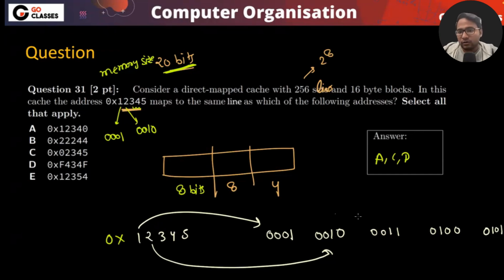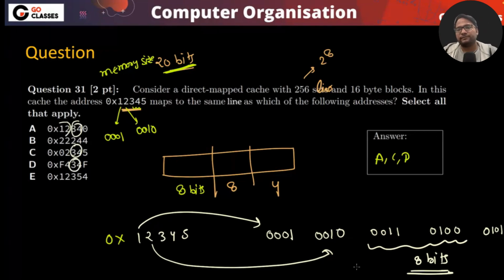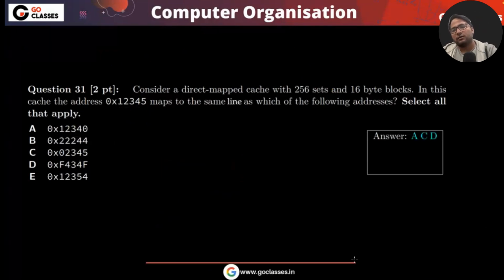Okay. Now these 8 bits are your line number, right? They're asking which of the following have the same line number. You remove the initial 8 bits and take these 8 bits, right? This, and this. So ACD is the correct answer. Okay. As you can see here, ACD is the correct answer.